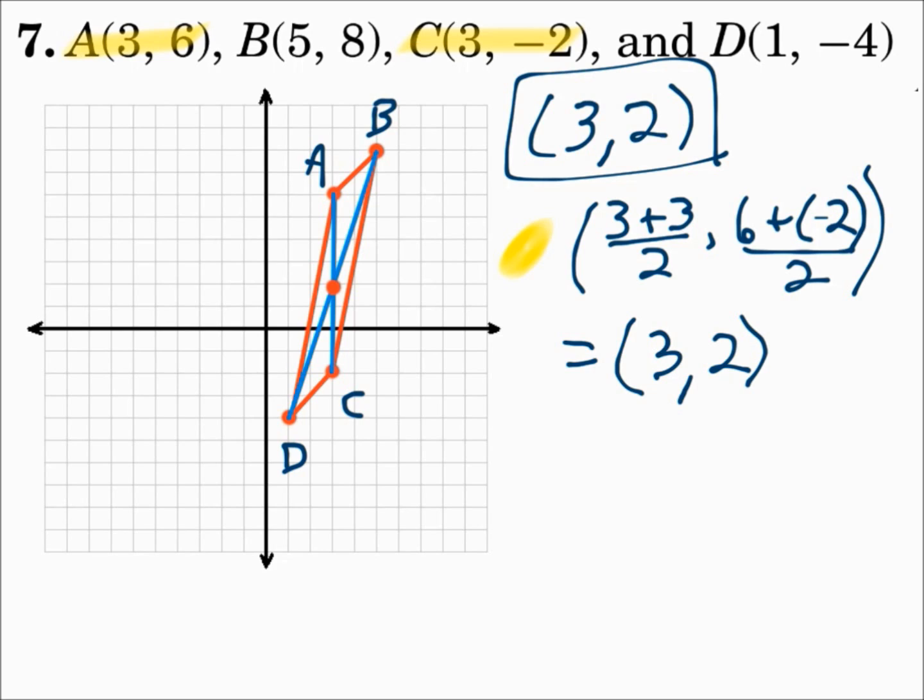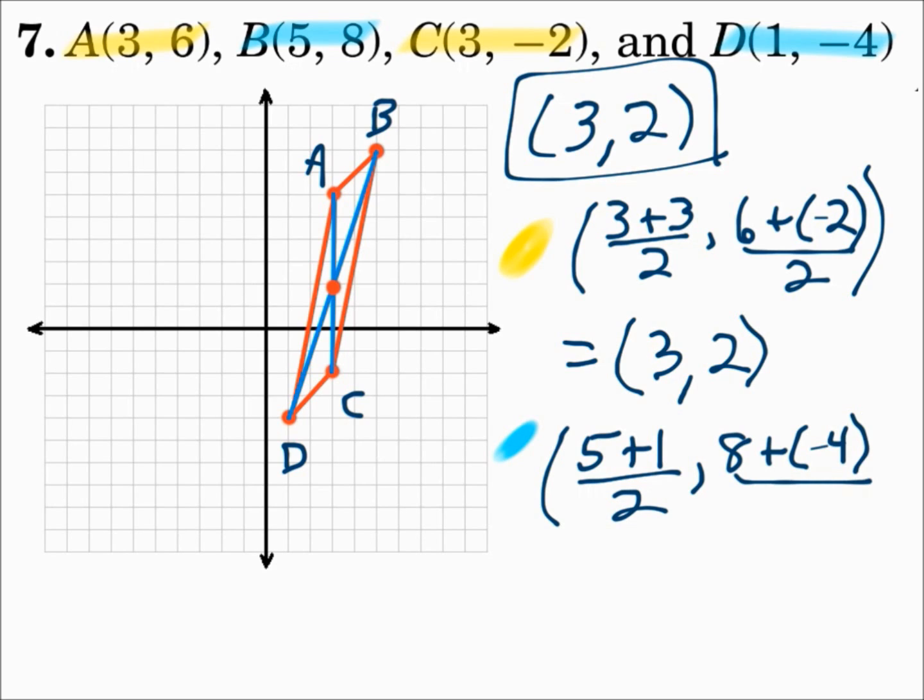Now let's check the other diagonal. For diagonal BD, use those coordinates. X plus x divided by 2, y plus y divided by 2, 5 plus 1 divided by 2 is 3, 8 plus negative 4 divided by 2 is 2.